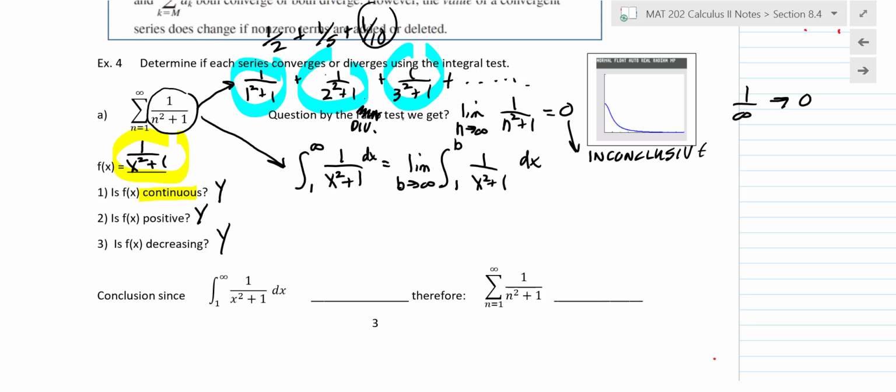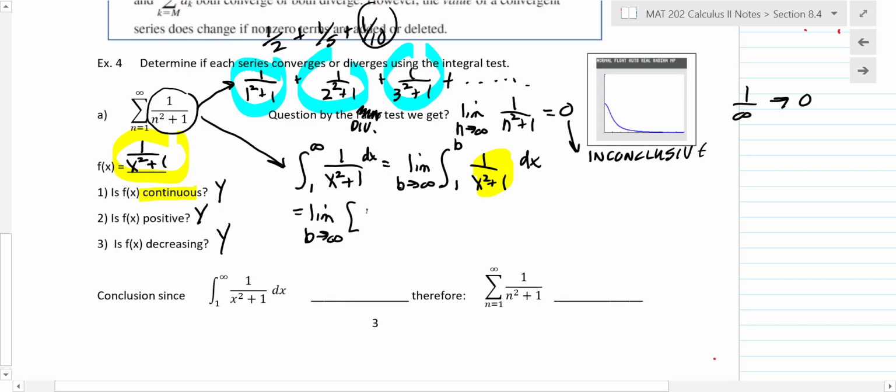All right. Do you know what the antiderivative of 1 over x squared plus 1 is? That's the inverse tangent. Okay, that was easy. So what we're going to have is the limit as b goes to infinity of the inverse tangent or arctangent, whatever you prefer, going from 1 to b.